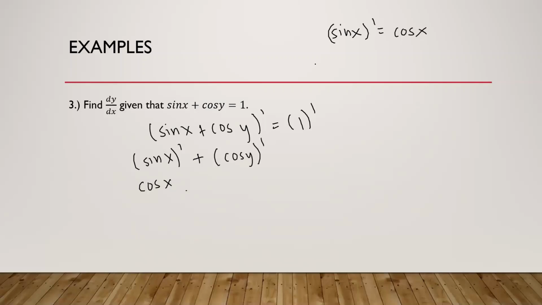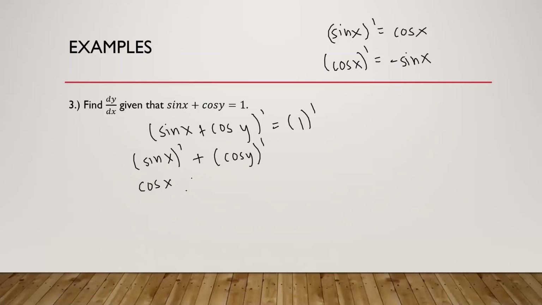So, ano mangyayari sa cosine y pag na-differentiate? Pero i-recall na natin muna yung differentiated ng cosine x. So, pag sinabi yung differentiated ng cosine x, magiging negative sine x siya. Kaya lang dito kasi, y yung variable natin.